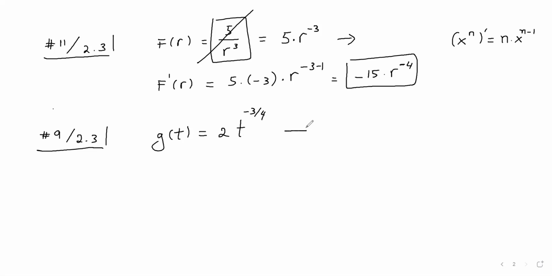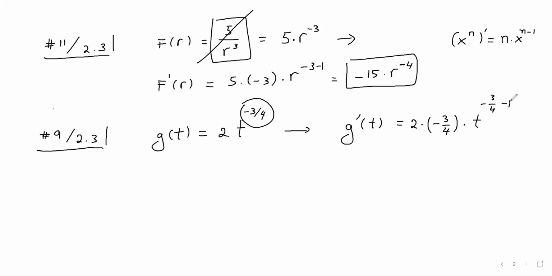And I want everybody to also do this exercise and notice that g prime is going to end up being, folks, 2 times, and then you take down this exponent, so you say 2 times negative 3/4 times t to the initial exponent minus 1. So that's going to end up being negative 3/4 minus 1.